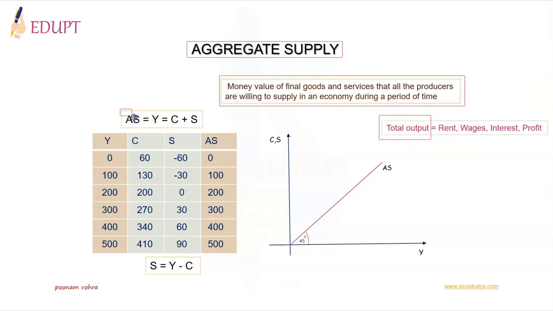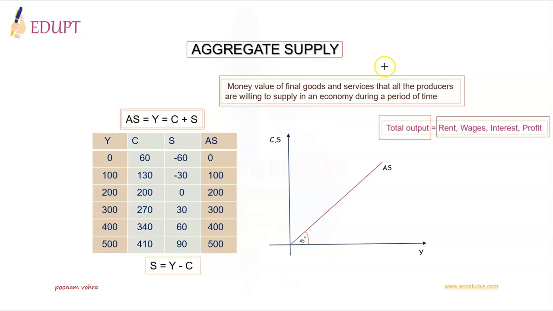So it is said that aggregate supply is equal to income, denoted by Y, which is either consumed or saved. So Y is equal to C plus S, and income is in the form of income of all the four factors of production, that is rent, wages, interest and profit.